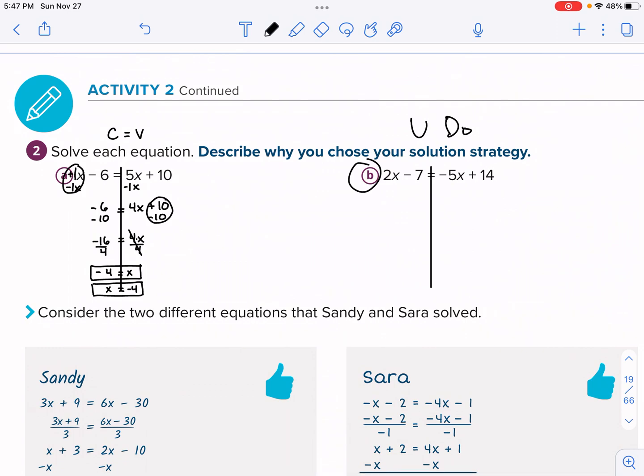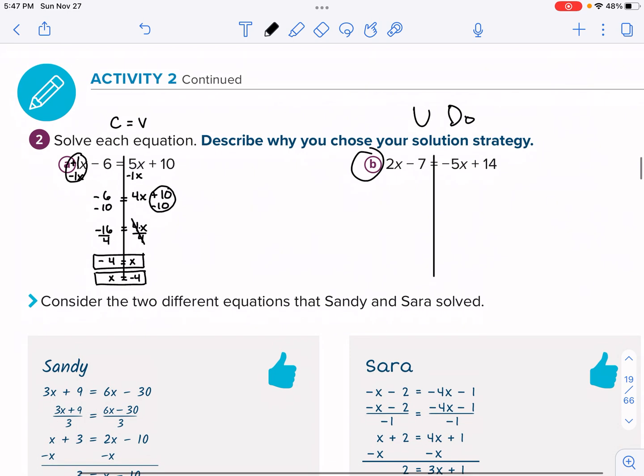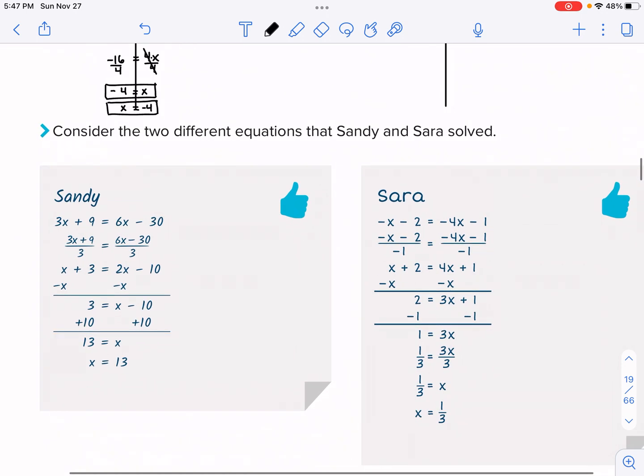Okay. So we're going to answer numbers 3 and 4 by looking at these two situations that Sandy and Sarah did. Now, my first disclaimer here is, well, I'll actually write it in here, but let's put a star.